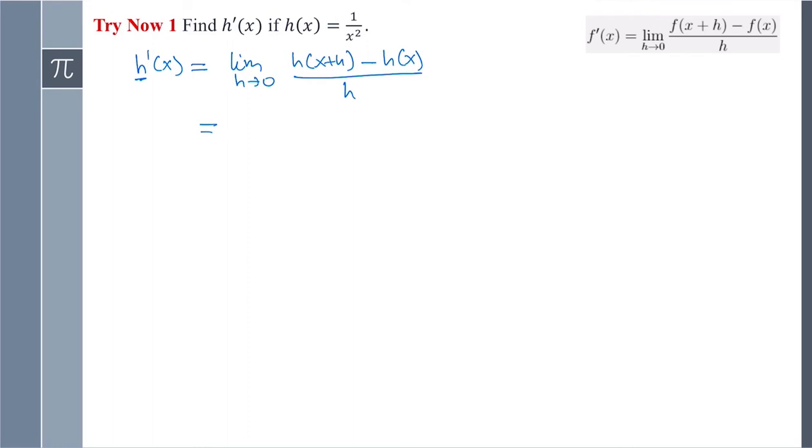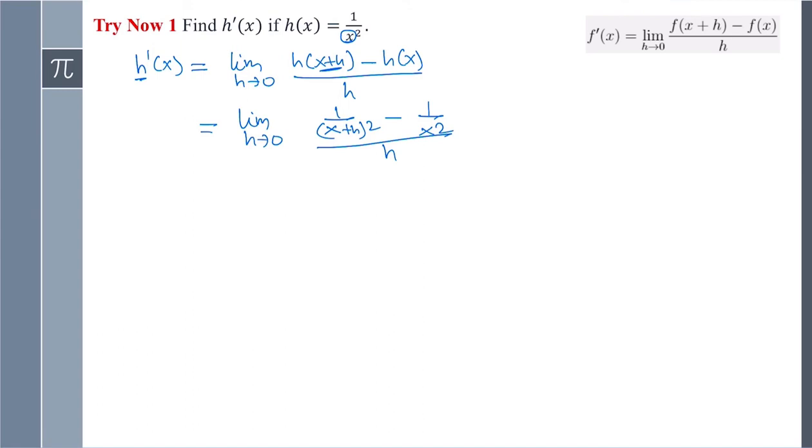So now the limit as h approaches 0. h of x plus h is 1 over x plus h squared, because we replace x with x plus h, minus h of x, which is 1 over x squared, and then we divide everything by h. Now I'm going to do the same thing that I did for the previous example.